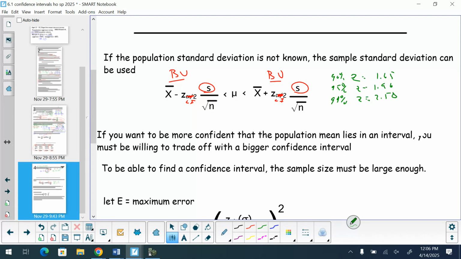If you're 90%, my z-value is 1.65, so I'm not multiplying by as big of a value. Once again, this here is our sample mean plus our error. Well, if this gets bigger, this number is going to get bigger because I'm multiplying by a bigger number. So at a 99% confidence interval, my interval is just going to get bigger. It's going to get a little bit wider.